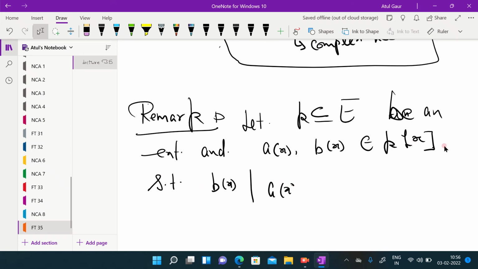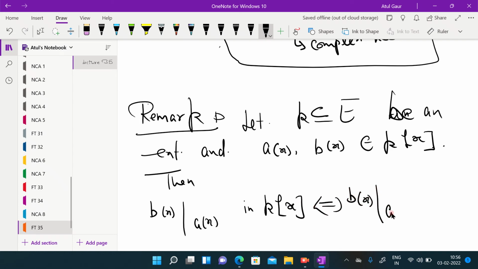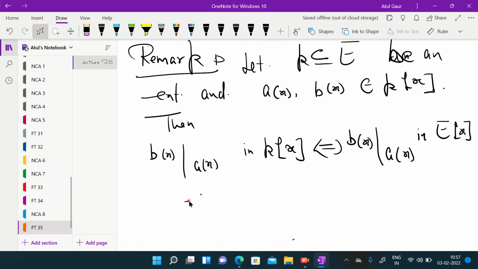So then the point is b(x) divides a(x), and this division takes place in K[x] if and only if this division takes place in E[x]. This is for any extension E of K. Is that fine?